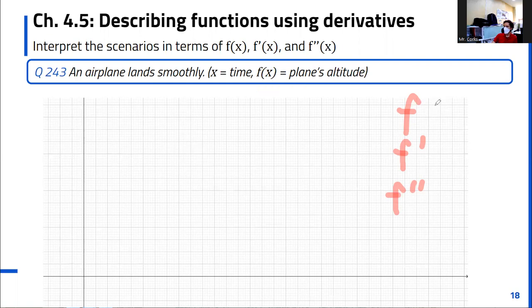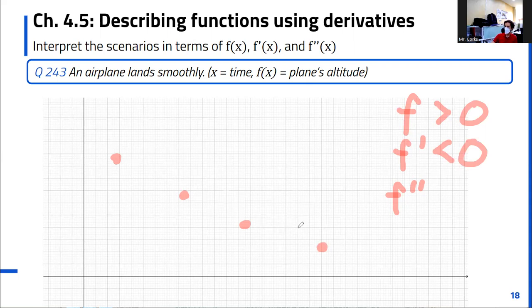All right, well, if it's the height of the plane, it can't be under the ground, so original function is greater than 0. First derivative, it's landing, so it's there, and then it's there, and then it's there. Okay, so it's going down. The height is decreasing. So the slope is negative. So first derivative is negative.